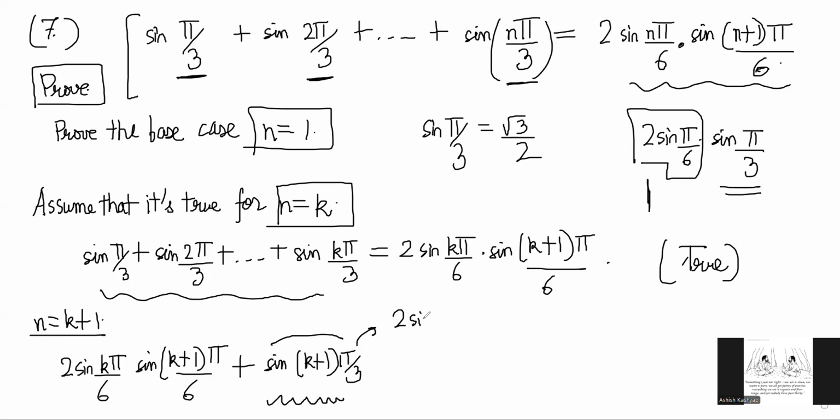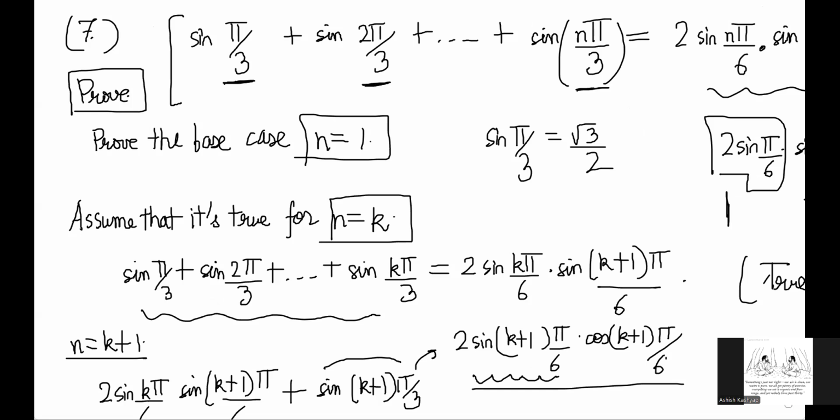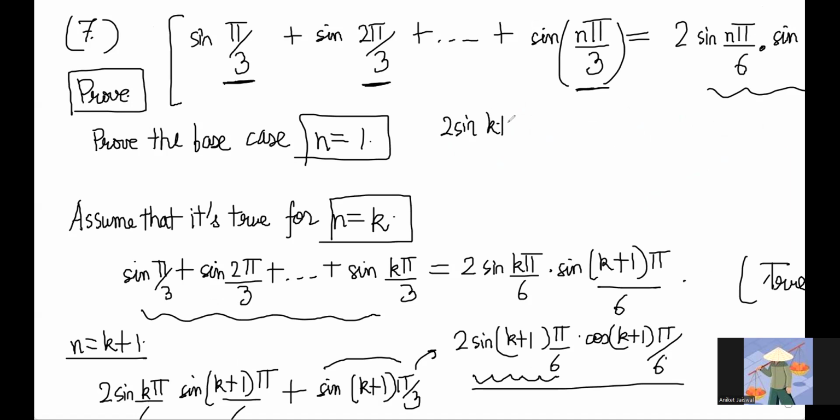We can write it as 2 sin((k+1) pi/6) and cos((k+1) pi/6), right? Yes sir. Now, in this term and this term, you can take 2 sin((k+1) pi/6) common, right? So take it as common. You will end up with 2 sin((k+1) pi/6) outside, and inside what is coming?